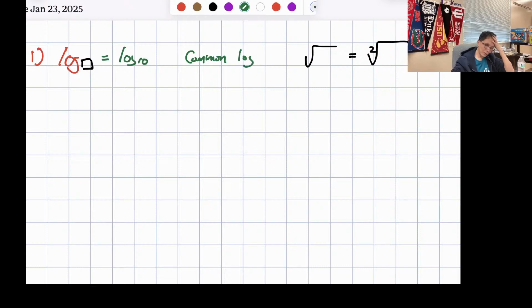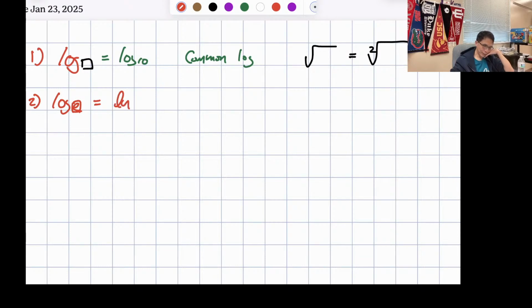Okay. Second. If I write down log, now you can have a different type of base. What's another type of base you can have? E. And that will be natural log.